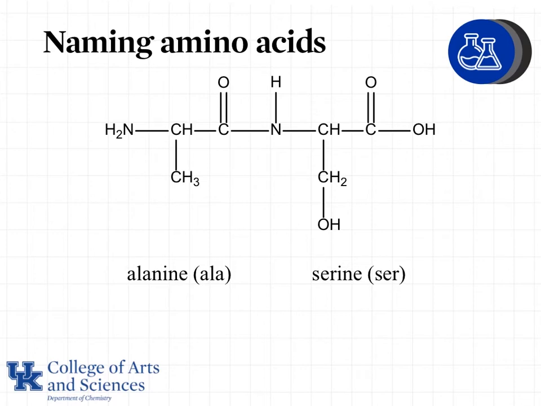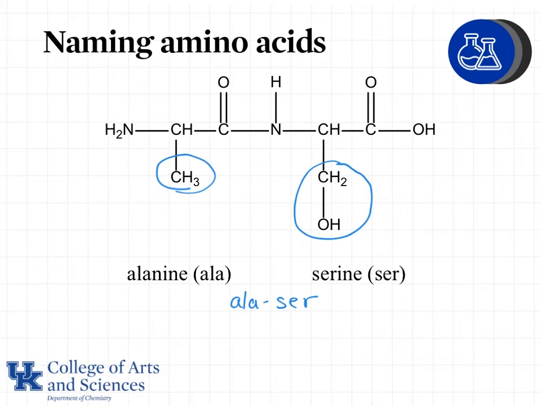So using our 3-character abbreviation, our name would be ALA-SER. If I look at this side chain, I can identify that as alanine using my reference table. I can identify this one as serine because, again, I use my reference table and I've identified my side chain.